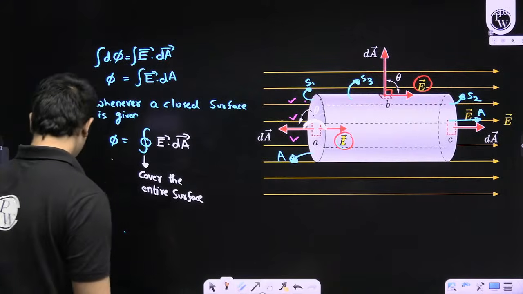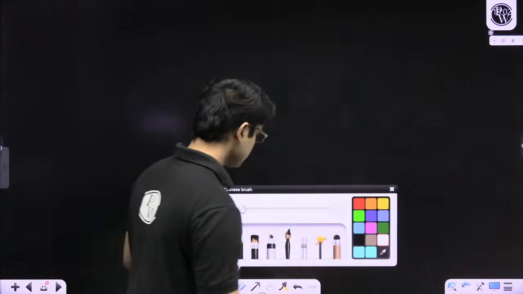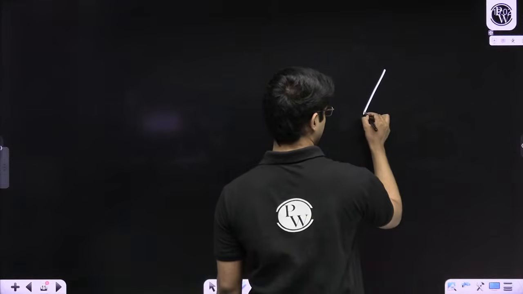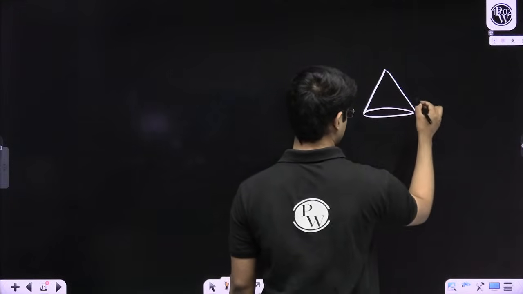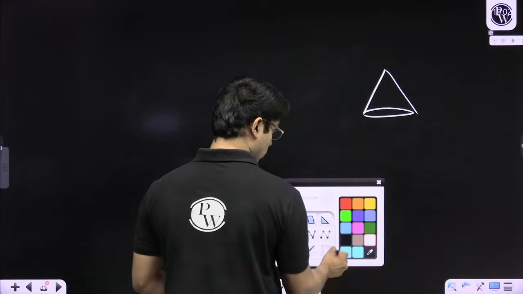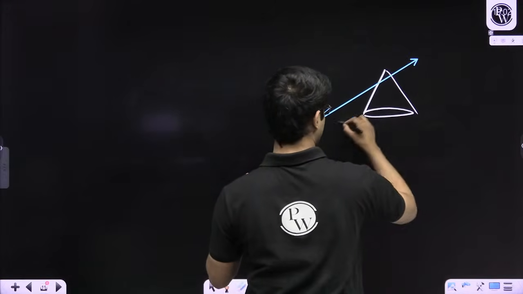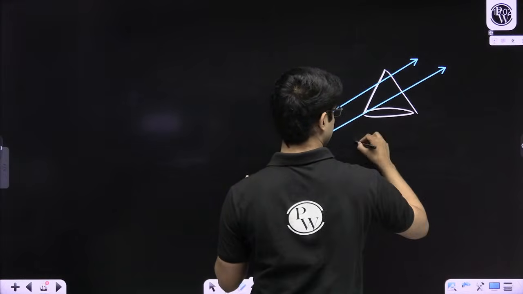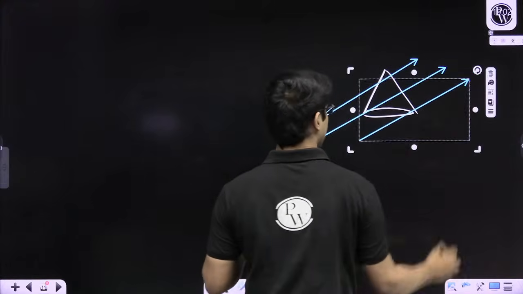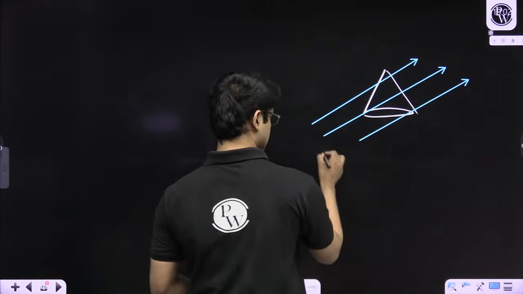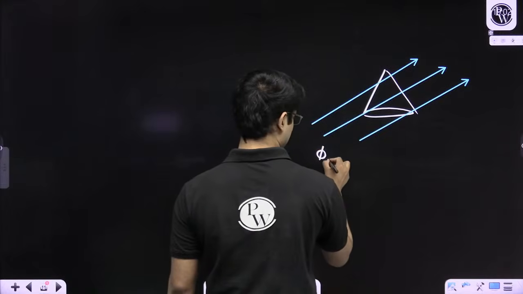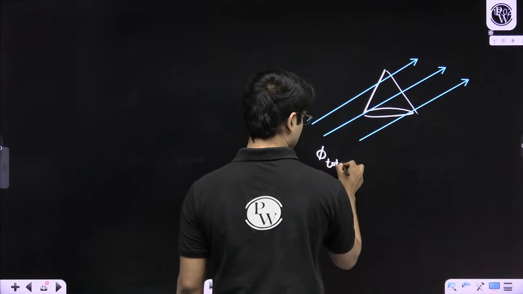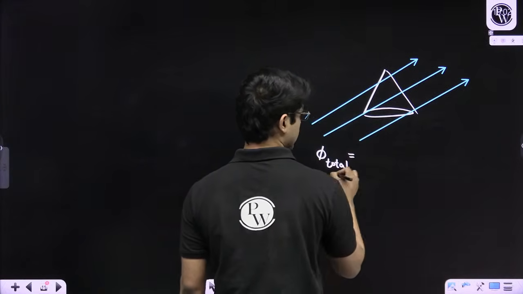So basically, whenever we have any body, like you can take a cone for example, and through this cone we have some electric field lines cutting like this, and if I ask you what is the total flux through the cone, you don't have to do any calculations.